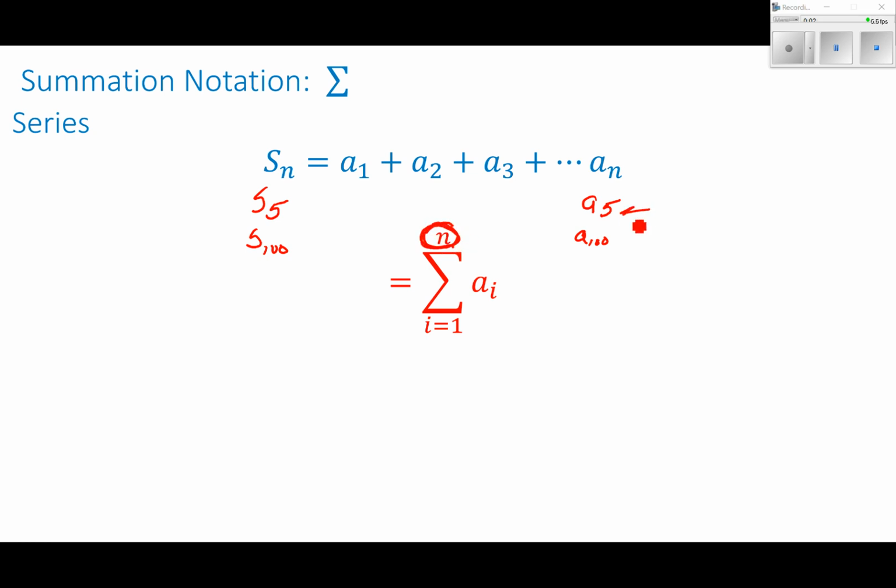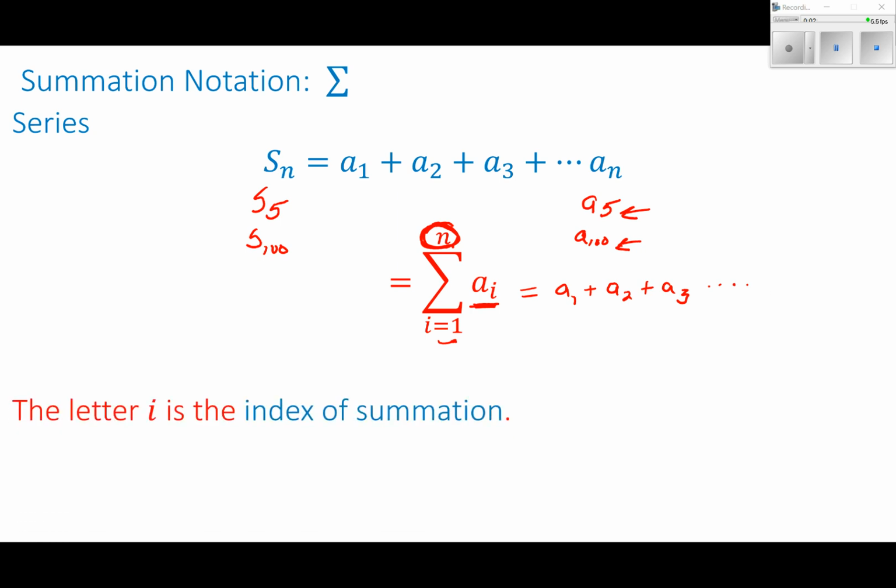In this case, it could have been 5, it could have been 100, whatever n is going to be. I'm going to start with my first term, a sub i. I would read this as, well, i is really 1, so it's a sub 1, and that's my starting point. Then I'm going to go a sub 2, a sub 3, and continue that on.